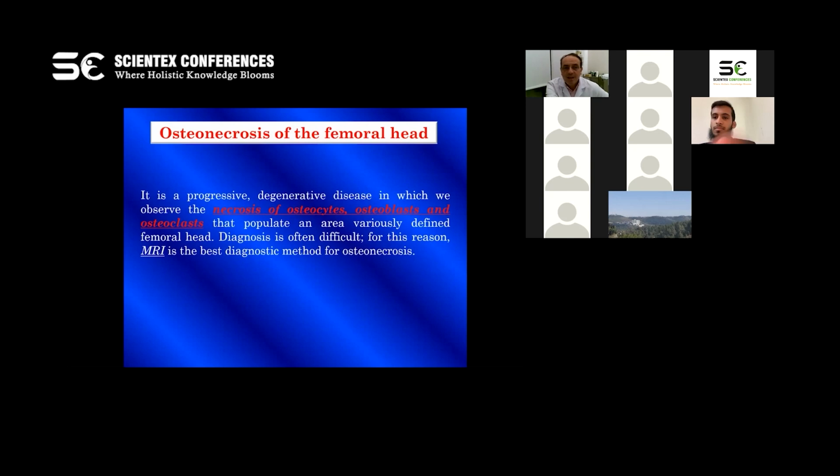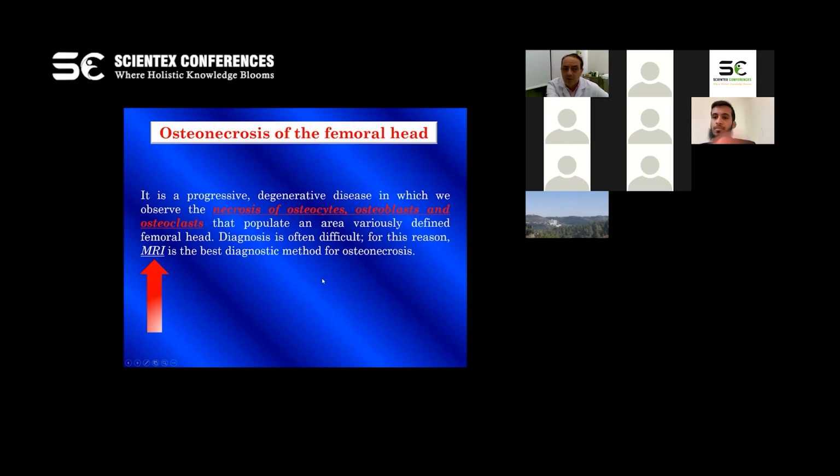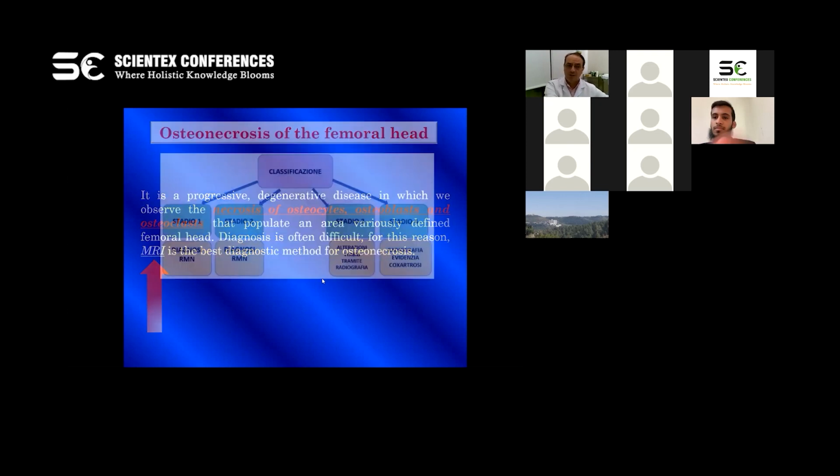It is a progressive degenerative disease in which we observe necrosis of osteocytes, osteoblasts, and osteoclasts that populate an area variously defined in the femoral head. Diagnosis is often difficult in the first stage of the disease. For this reason, MRI is the best diagnostic method for osteonecrosis.